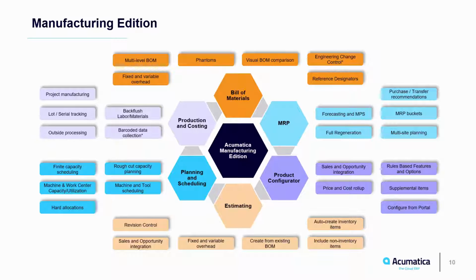The product configurator is another module that can help with custom finished goods. The difference being that the configurator is used when users want to select features and options that would go into the finished product. It is also a rules-based configurator that allows users to do a full price and cost roll-up.